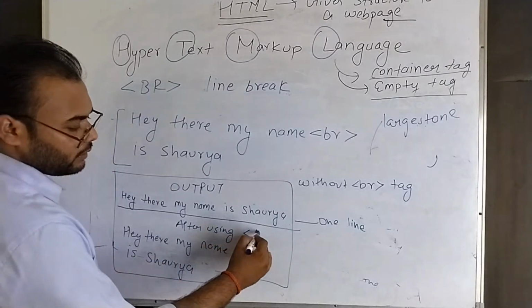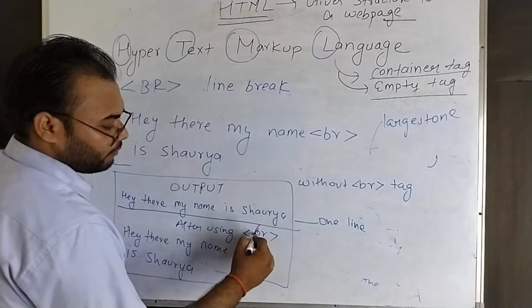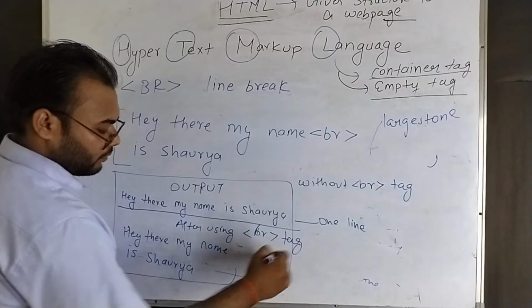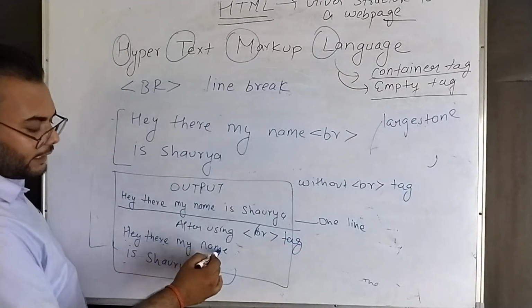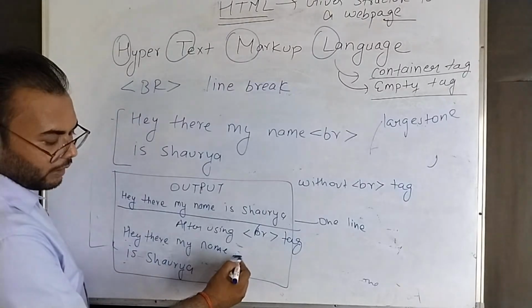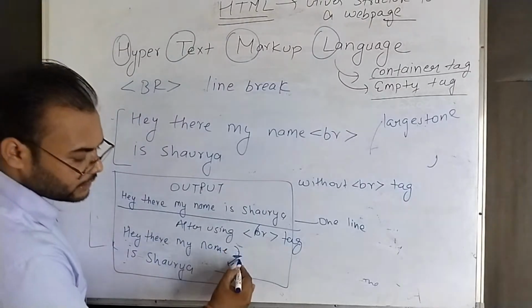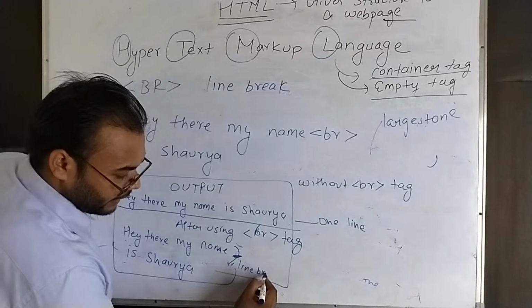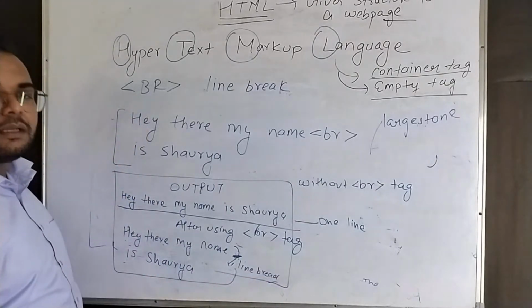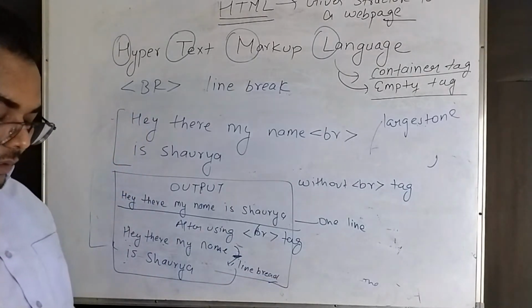After using BR tag, it will become hey there, my name is Shaun. देखो तो यहाँ पे क्या हुआ? This breaks the line. This is called line break. यहाँ पे जो लाइन टूट करके नीचे लिखेंगे, that is called the line break.